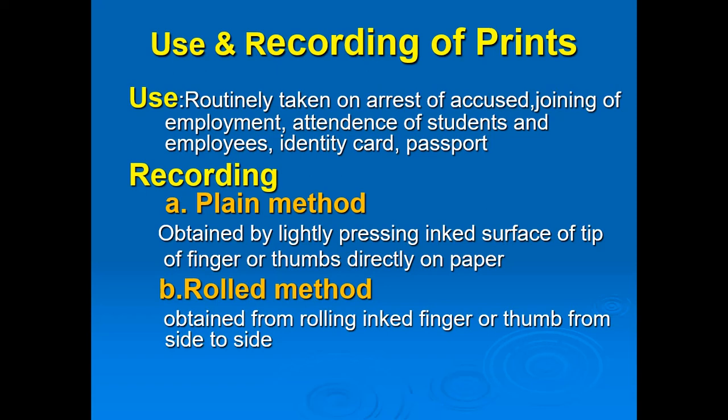So you put your thumb or finger on a stamp pad which has ink, and then you put your finger or thumb on the paper or document where it is required, and that's all.